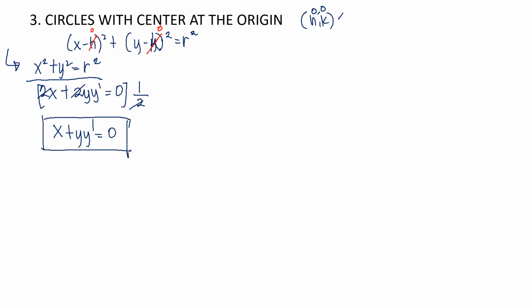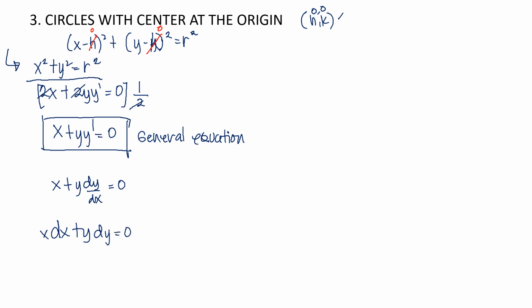So, this is our general equation now. O, kung gusto nyo naman again, si dy dx. So, we have x plus y dy over dx is equals to 0. Or simply, x dx plus y dy is equals to 0. So, this is our answer.